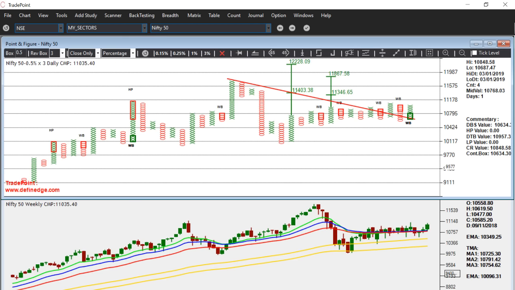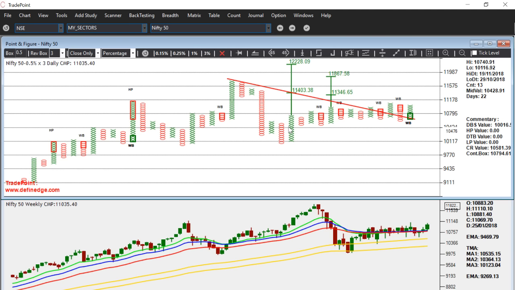Secondly, if we see the point and figure charts above, the high made by Nifty was 11,700 somewhere in August 2018, and we draw the trend line from the top. Now the price is above the objective 45-degree trend line.